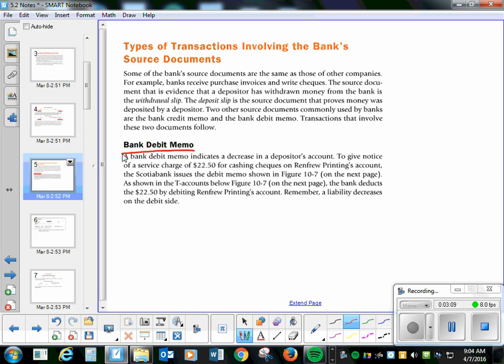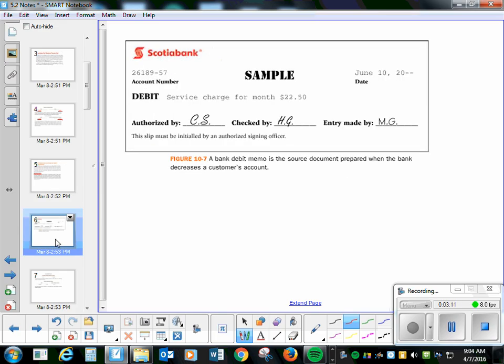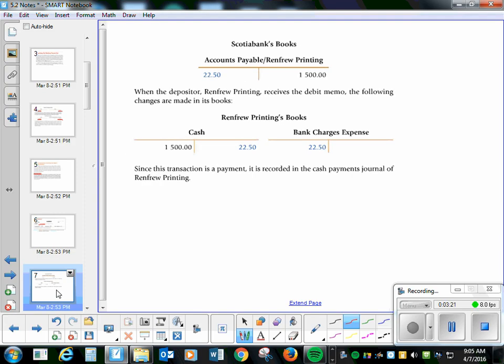Remember, a liability decreases on the debit side. So this is a memo where the bank says, we are taking this money automatically out of your account and we're calling it a service charge for cashing checks. Now, for Scotiabank, the $22.50 is a debit to accounts payable, but Renfrew Printing is having to pay the cash, so it's a credit of $22.50, and they put the debit into the bank service charge expense account.